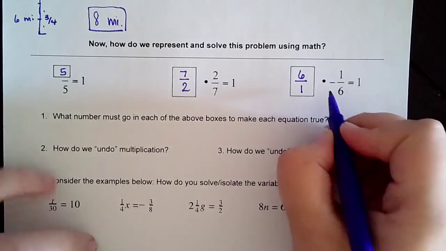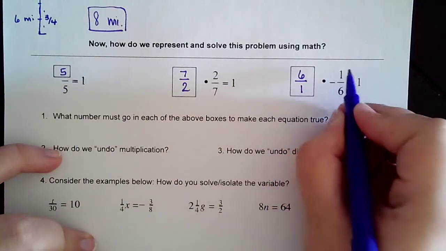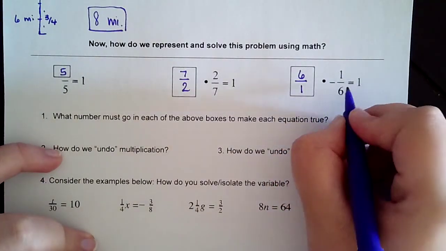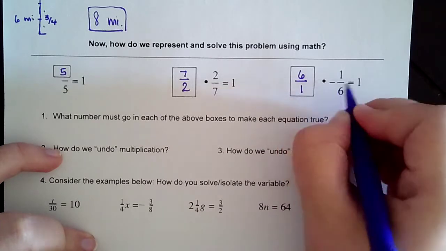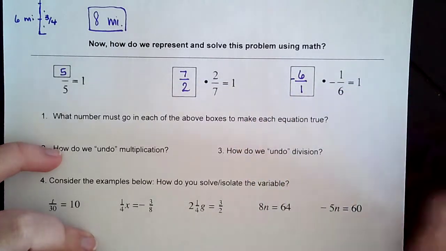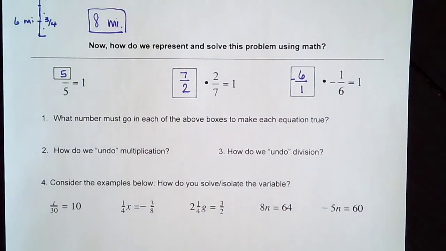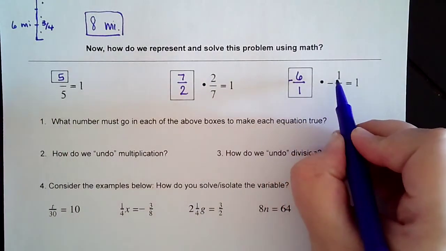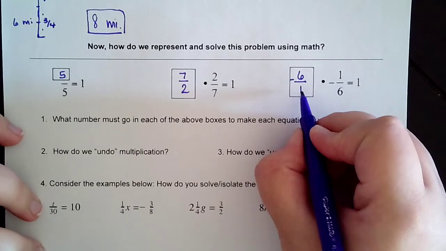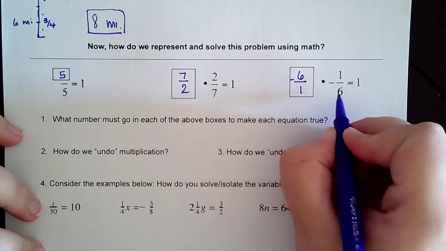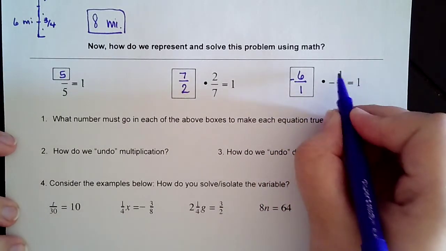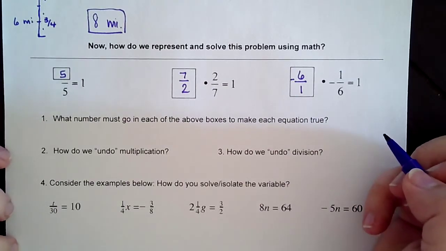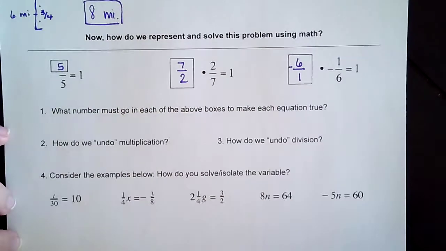However, this one's a little tricky. 6 times -1/6 is -1. So if we want to undo that negative, we have to put a negative sign in front of our number. So now we have -6 times 1, which is -6, over 1 times 6. So therefore, -6 divided by -6 is 1.